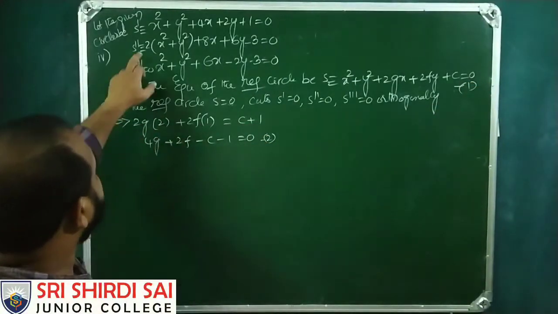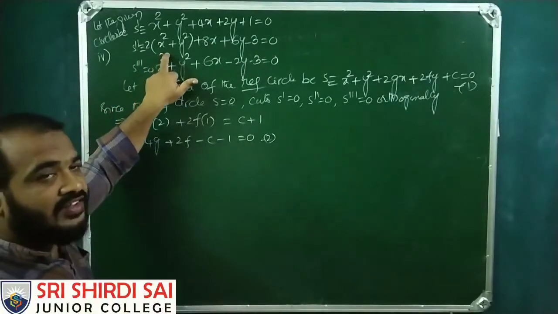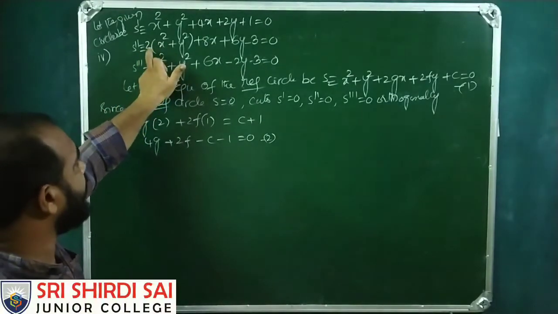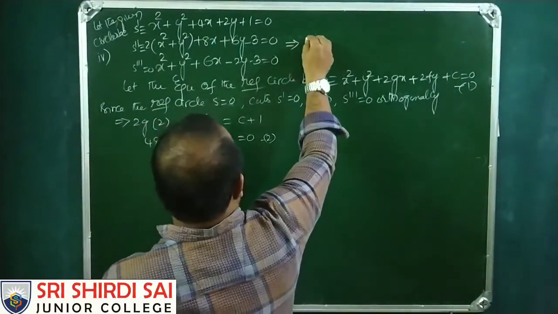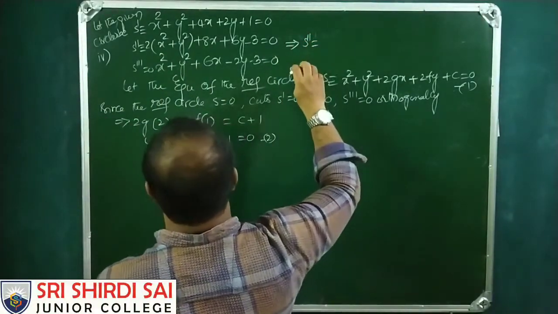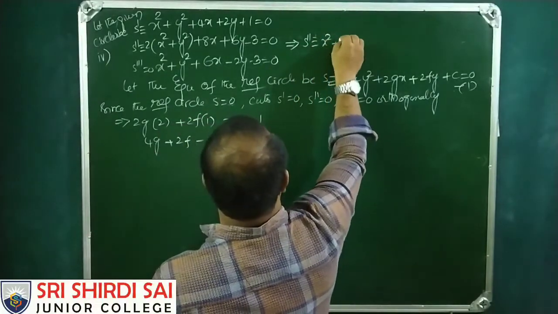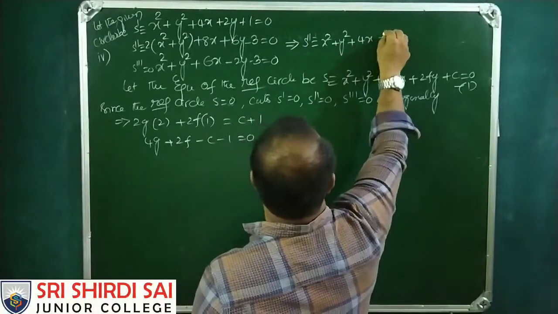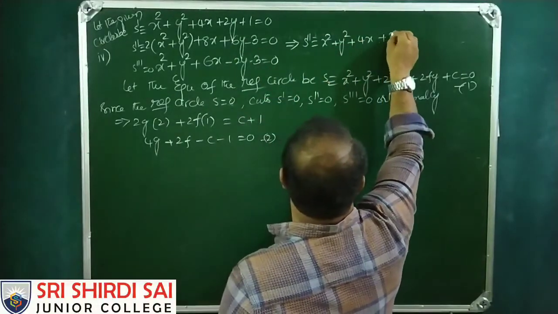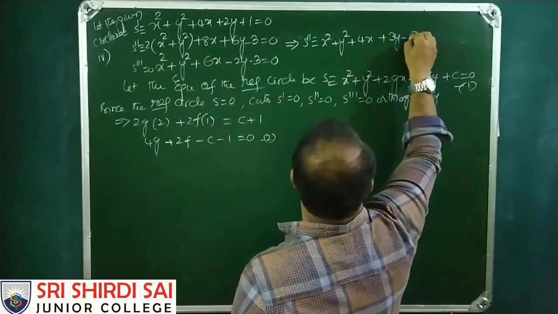Next, first let us, this is not the general equation, for which we need to divide this by 2. Then S'' is x square plus y square plus 4x plus 3y minus 3 by 2 equals to 0.